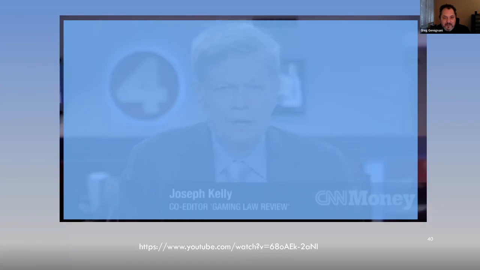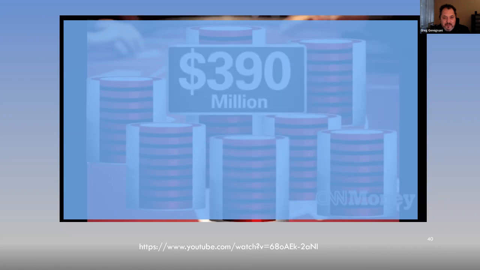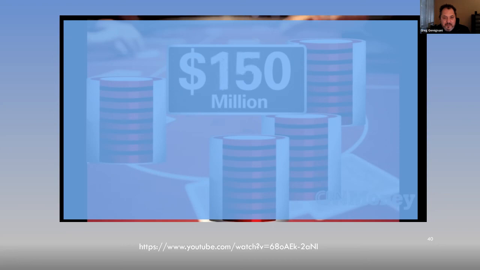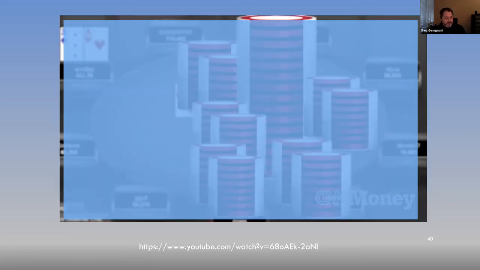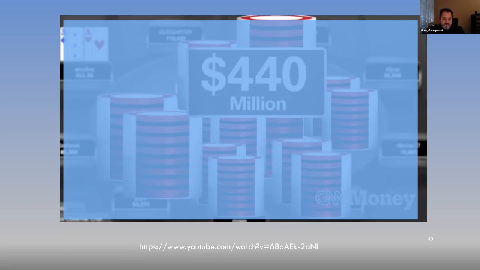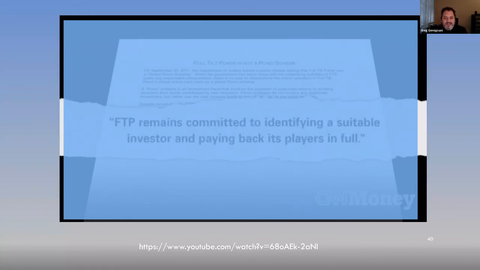For the first time, player monies have been seized. The DOJ says Full Tilt owed some $390 million to players around the world, including roughly $150 million to U.S. players, but had only $60 million in its coffers. And it alleges members of the company board and other owners were paid more than $440 million over a 4-year period. Full Tilt fired back, saying it's in no way a Ponzi scheme and says it's committed to paying players back. Out 60 grand though, Sean Bussey's not convinced.